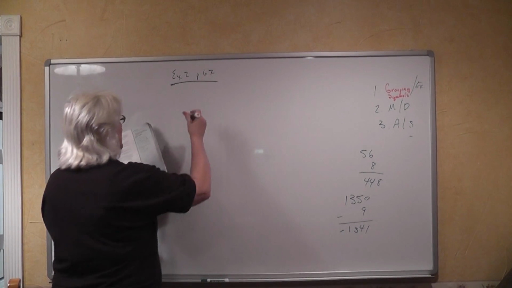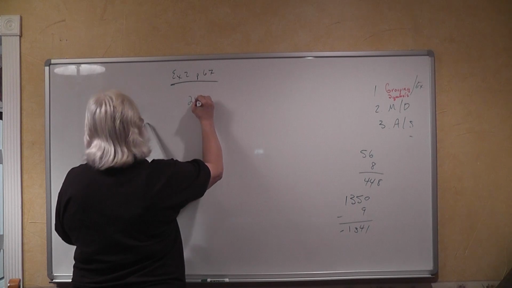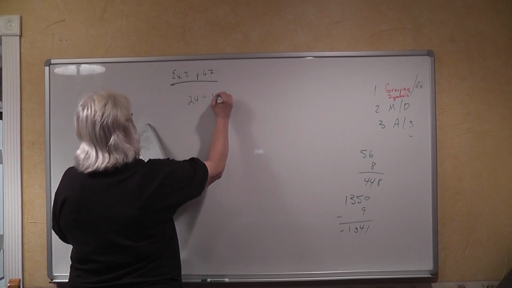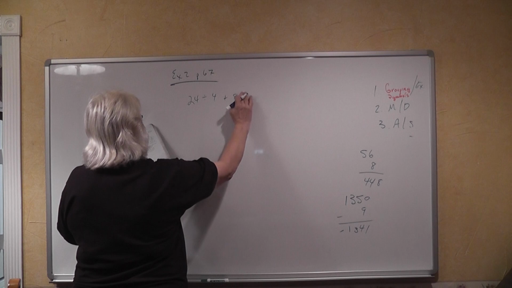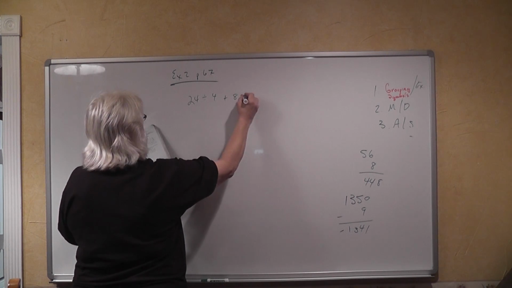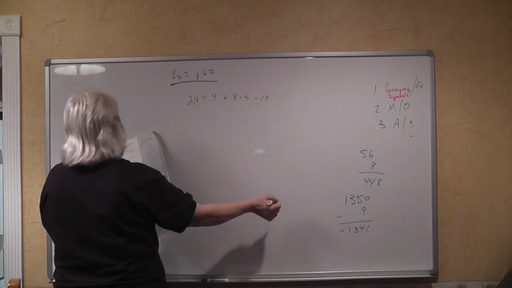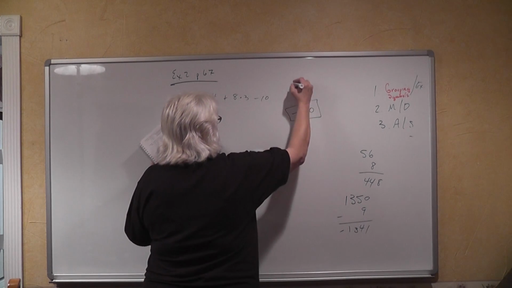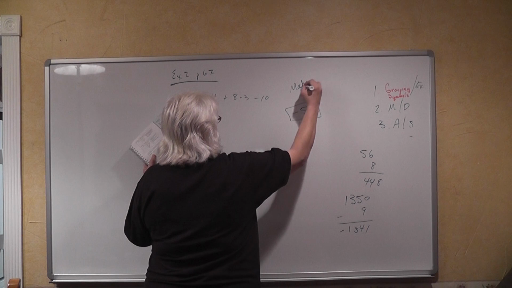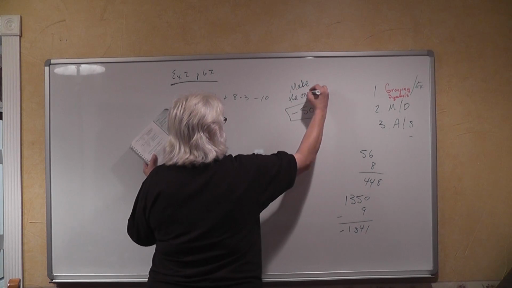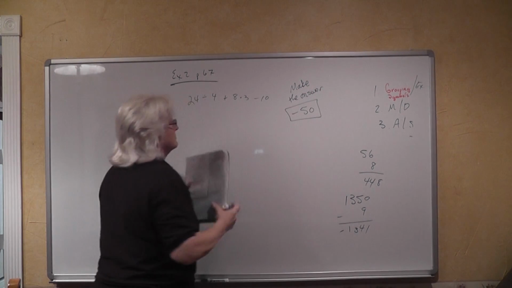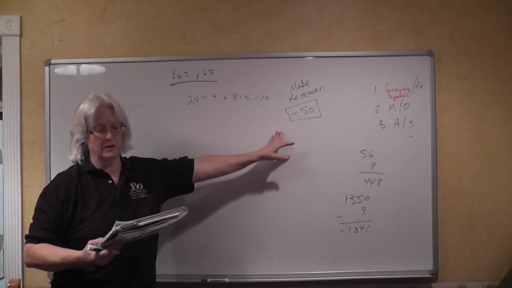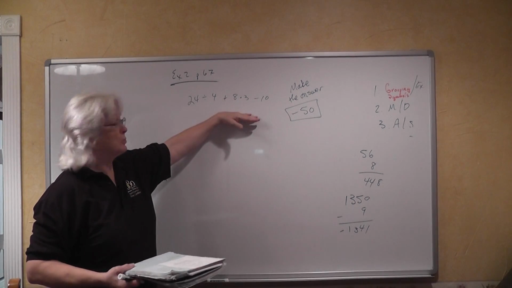For example, if we have 24 divided by 4 plus 8 times 3 minus 10, and they want the solution to be negative 50. Make the answer a negative 50. You're going to have a problem like this.